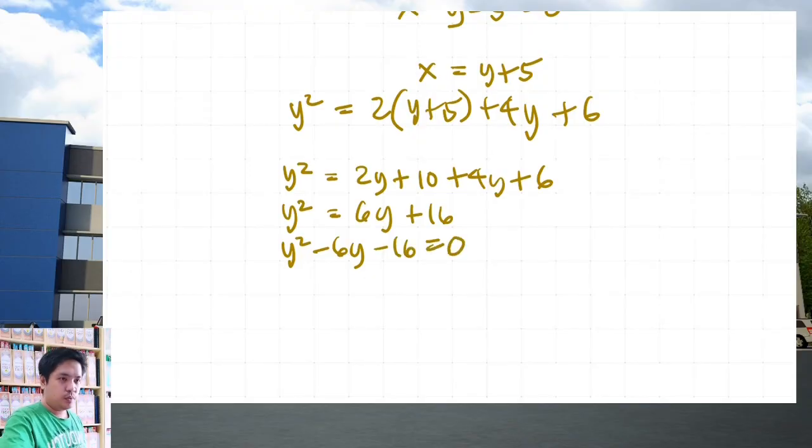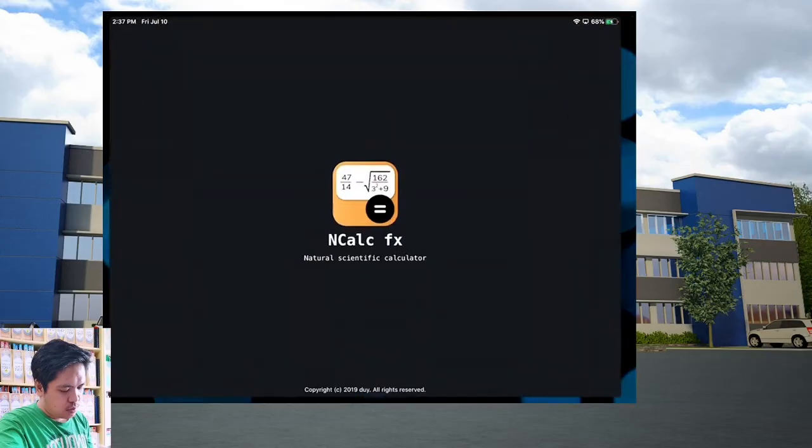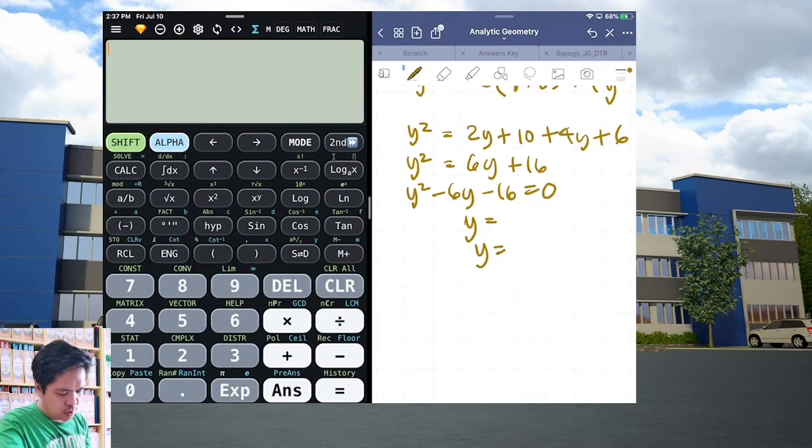So we have a quadratic equation, so we'll have two values of y. Ang gagawin ko, I'll just use a calculator to solve this para madali. Using a calculator, ilagay natin y squared minus 6y minus 16 equals 0. Then we ask the calculator to solve for y. So shift solve. So we have y is equal to negative 2 and y is equal to 8.